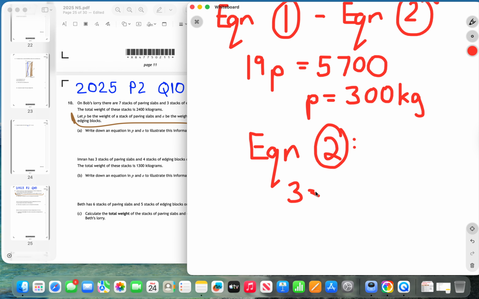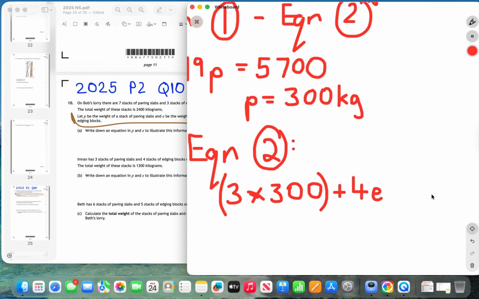That's going to be 3 times 300 plus 4e equals 1,300. 3 times 300 is 900. So 900 plus 4e is 1,300.